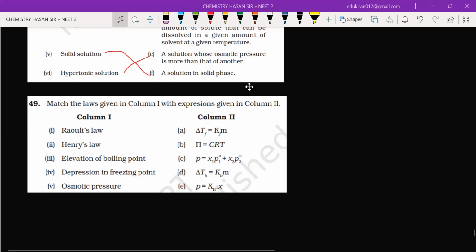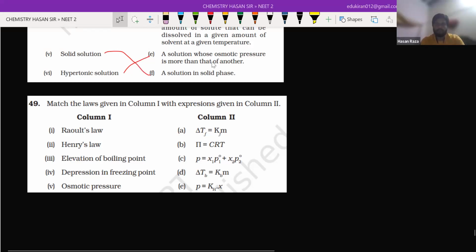This one is easier than the previous question. 1C, 2D.